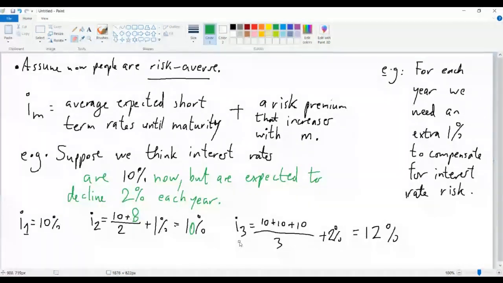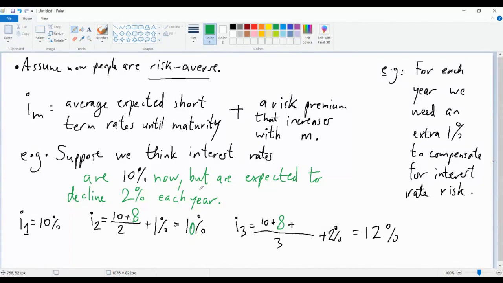Moving along, I3 is the average of the short-term rate now, which is 10, the expected interest rate next year, which again is expected to decline by 2%, which is 8, and the expected 1-year rate a year further out.